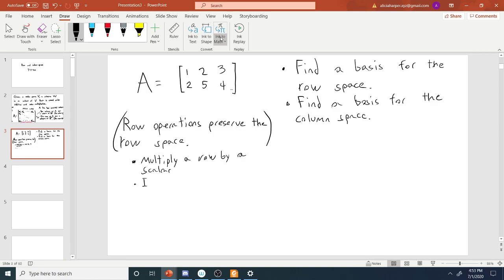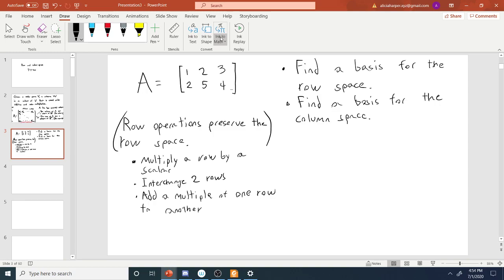You can interchange two rows. And you can also add a multiple of one row to another. And if you think about what all these operations do, you can see that they preserve the space spanned by the rows.